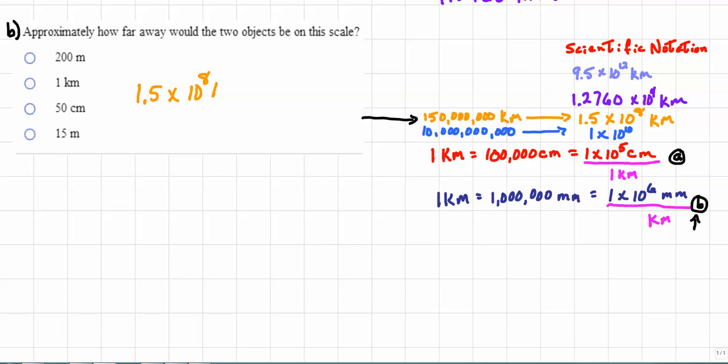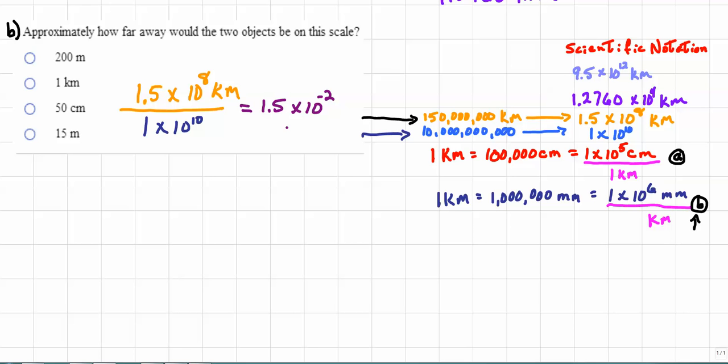And that's kilometers. Okay. And we're going to go ahead and divide that by our conversion factor, which in this case is 10 billion. So that's going to be 1 times 10 to the 10th power. And that means that this particular value right here is simply going to be equal to 1.5 times 10 to the negative 2 power.